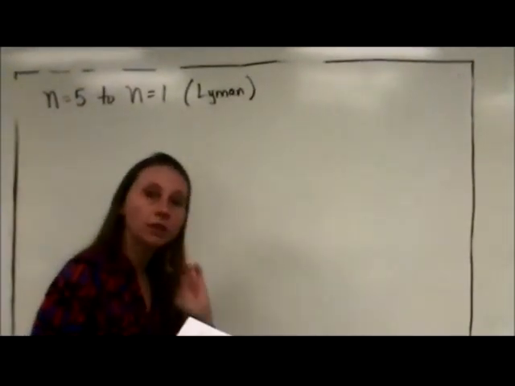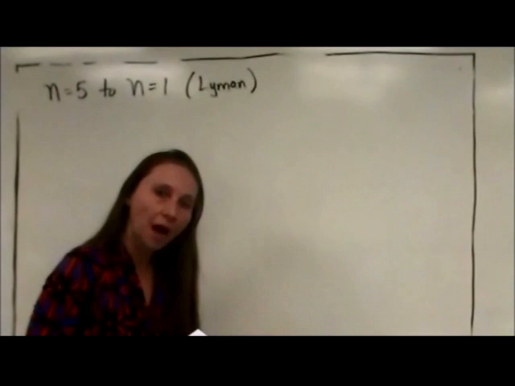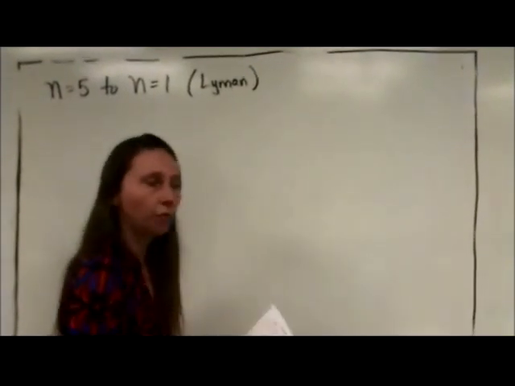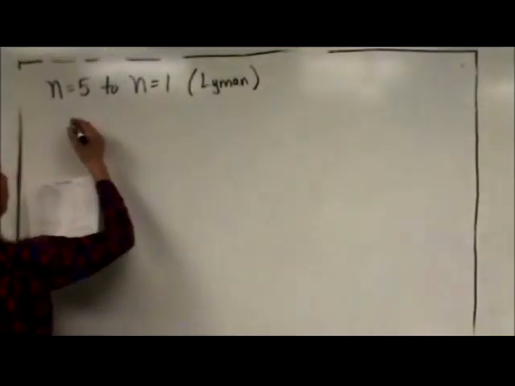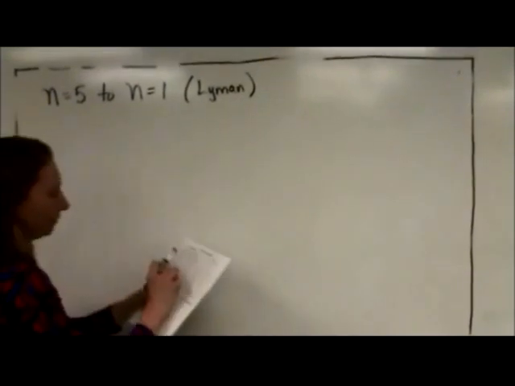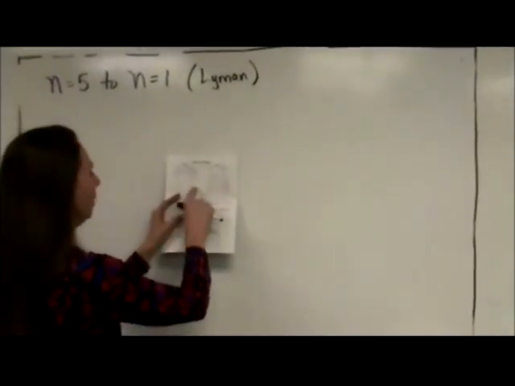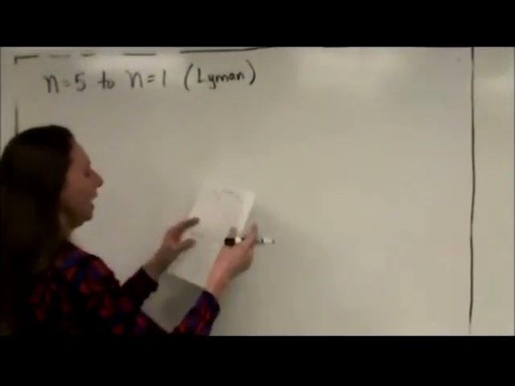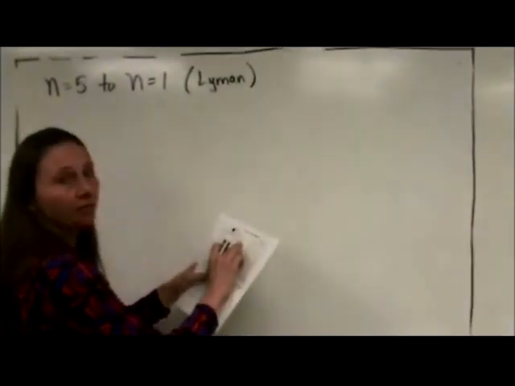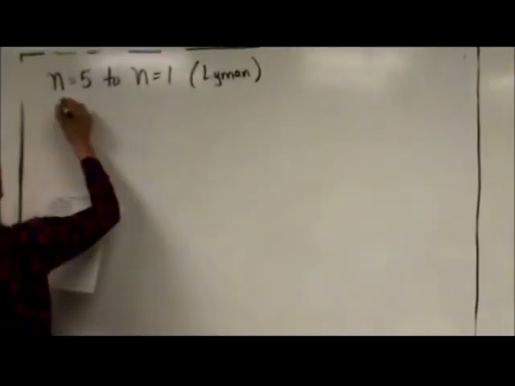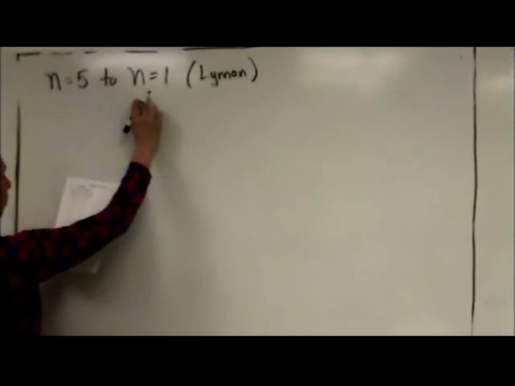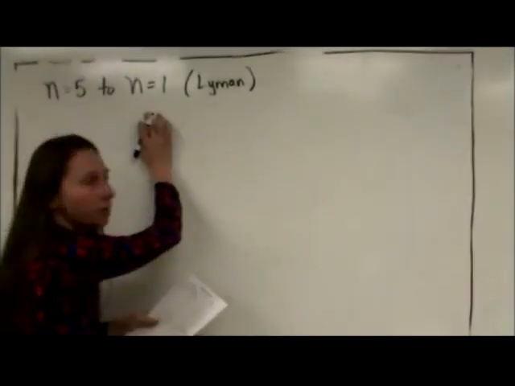So we already know that this is going to be an ultraviolet photon. But let's prove it. n equals 5, I'm going to count, 1, 2, 3, 4, 5. n equals 5 would be 0.54, and n equals 1 would be 13.6.